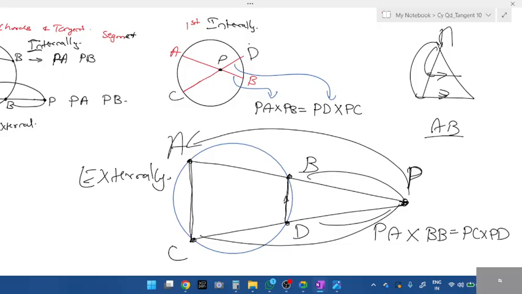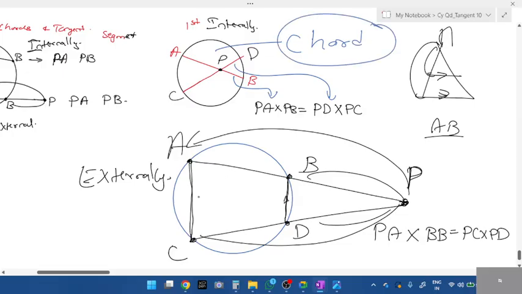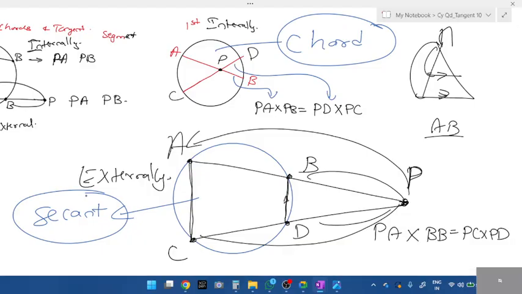Yeah, be quick. Another one left. Two questions, two formulas left. See, these two are chord. These two are secant. Chord and secant. There is one more theorem. One secant and one tangent. Okay, another 10-15 minutes. By 12:30 we'll end the class.